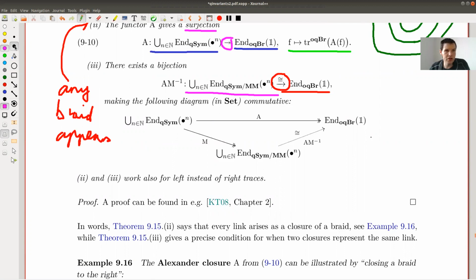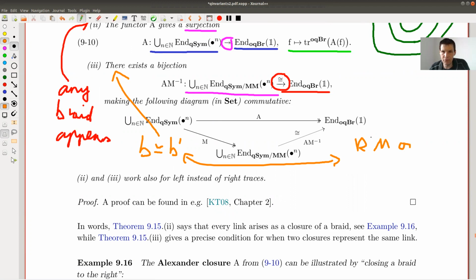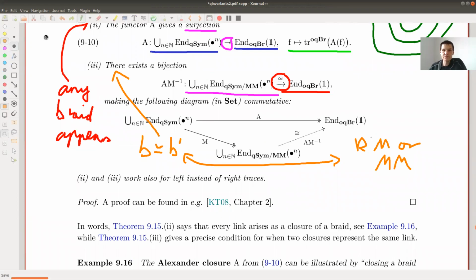And this says B equivalent to B prime if and only if Reidemeister moves or Markov moves. So if and only if you can go from one to the other by Reidemeister moves or by Markov moves.